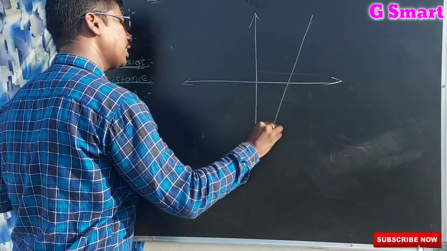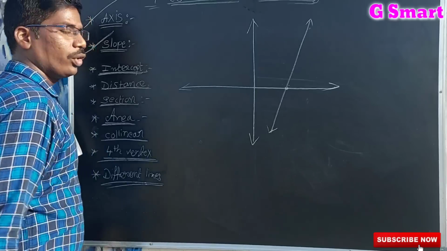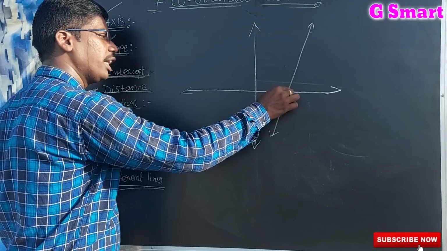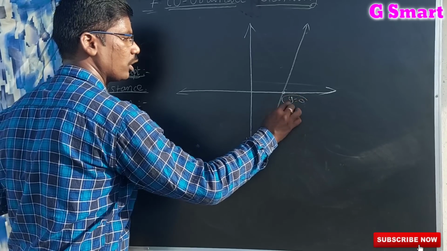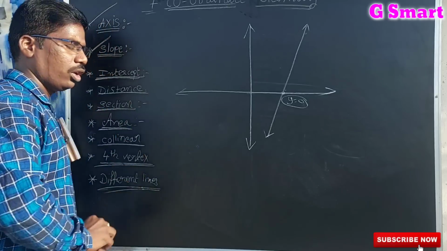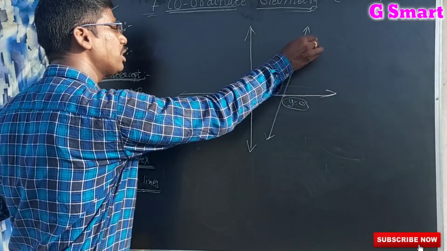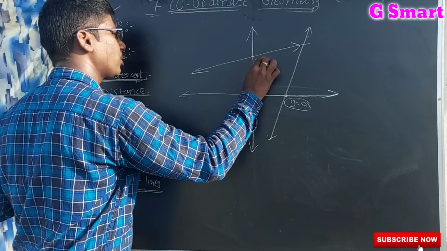If a line is intersecting the x-axis, there is no y value on the x-axis, so y is equal to 0. If a line is intersecting the y-axis, then x is equal to 0.